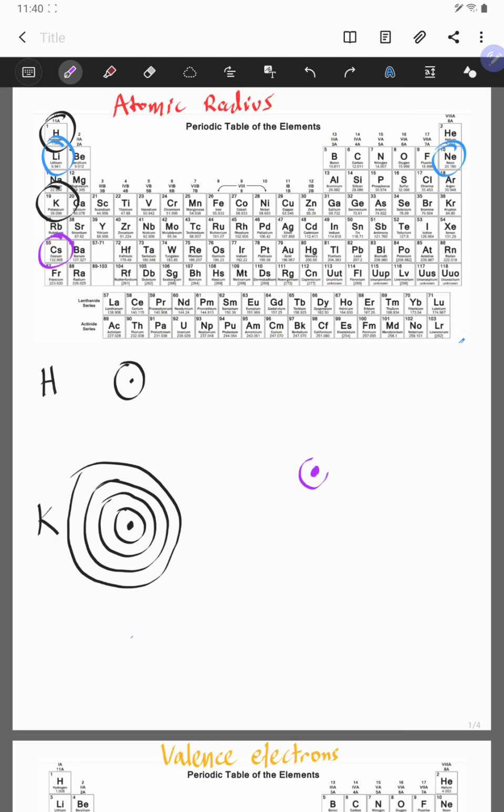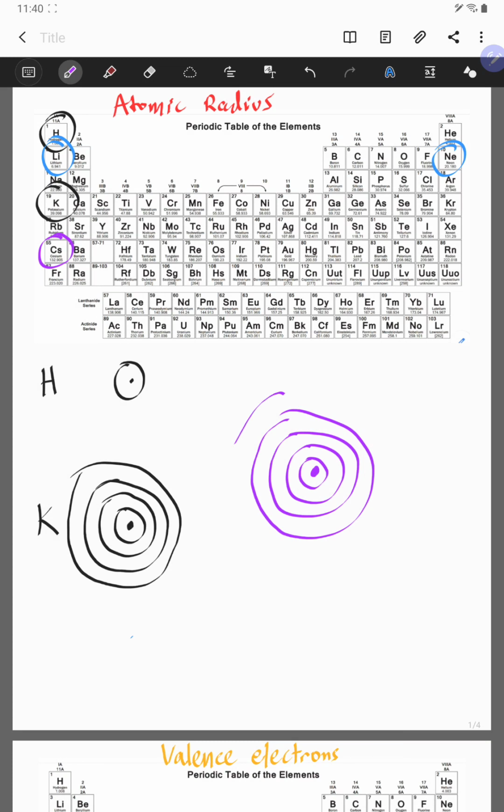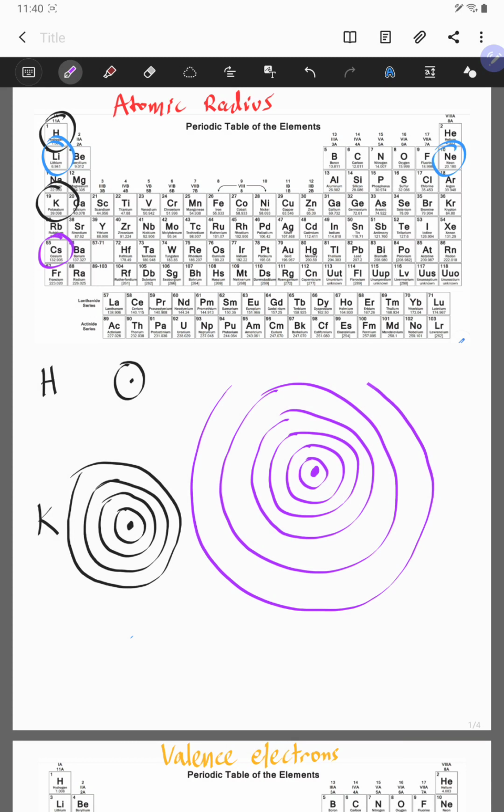It's going to have its first energy level, second energy level, third, fourth, fifth, and it'll even have a sixth energy level.